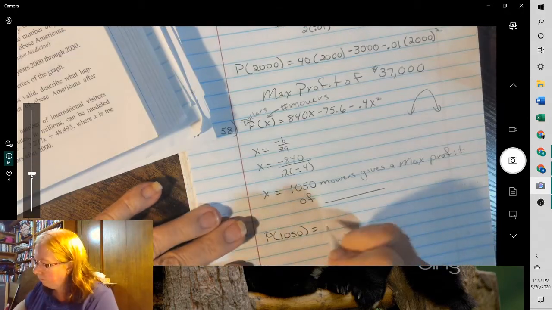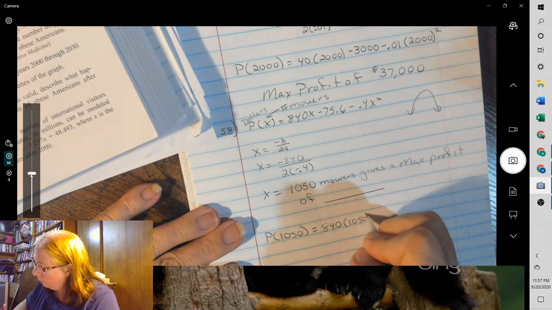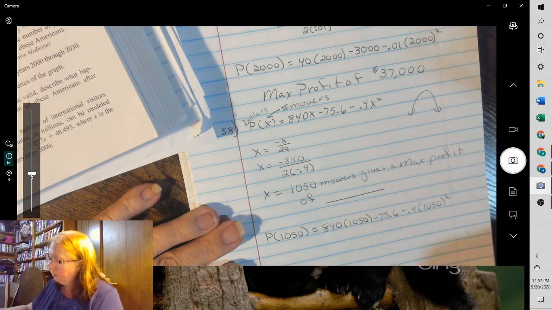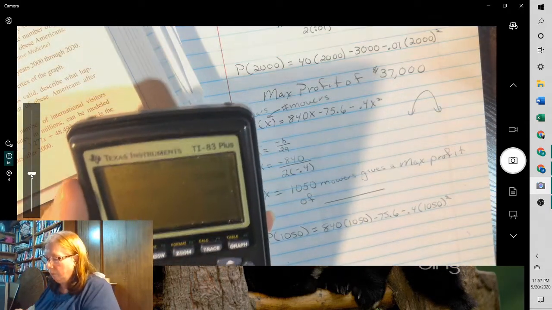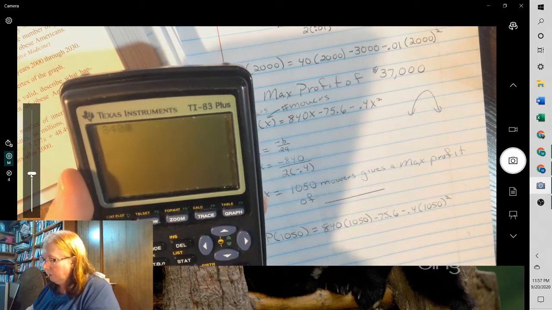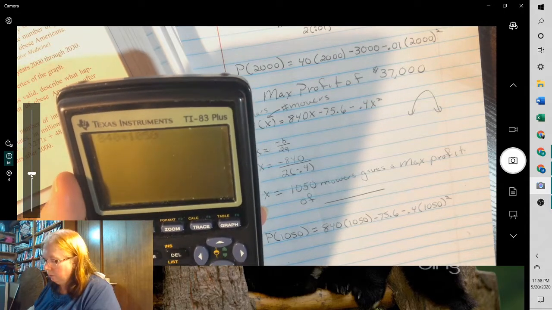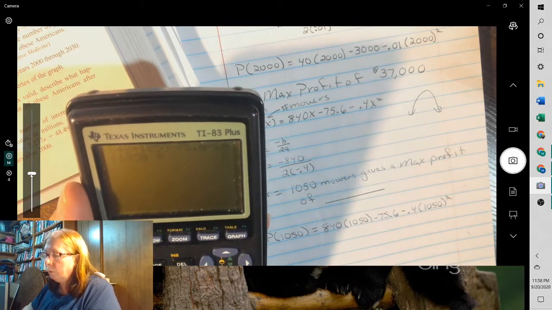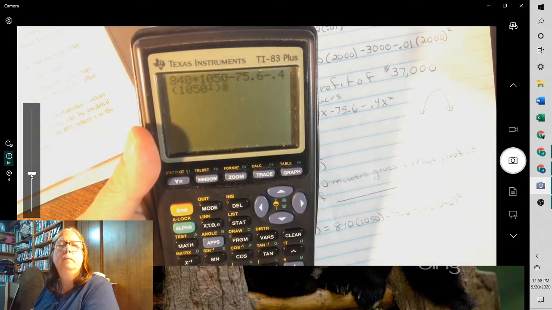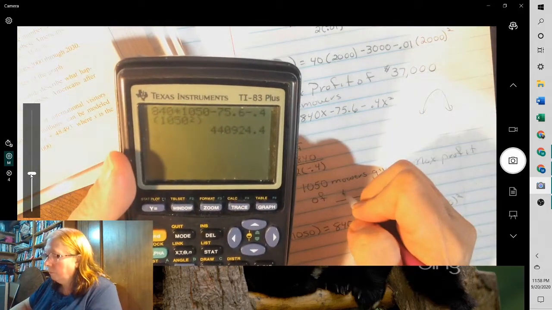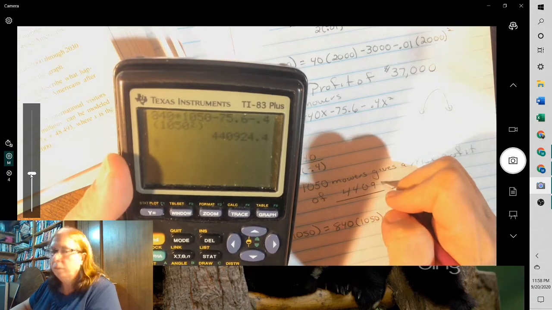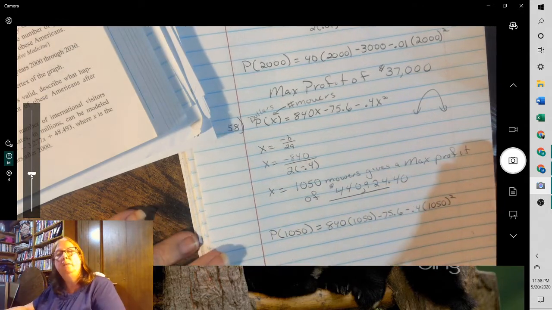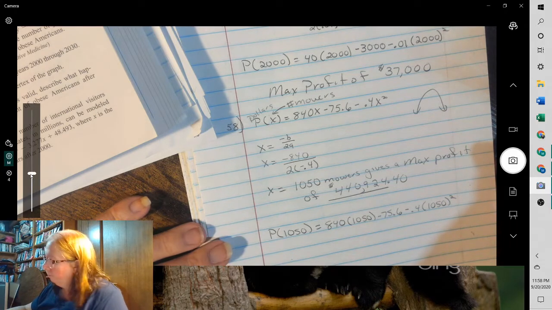When we plug that in, we get this. 840 times 1050 minus 75.6 minus 4/10 times 1050 squared. $440,924.40. Not a bad profit.